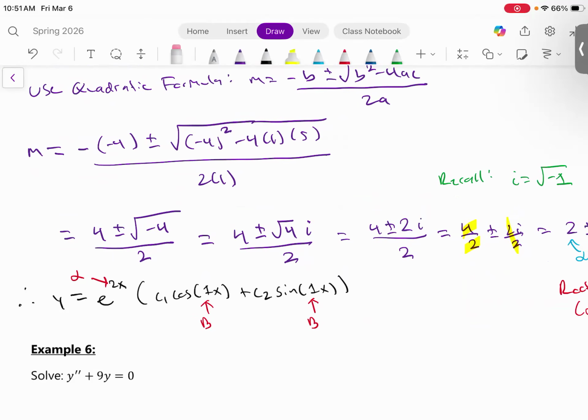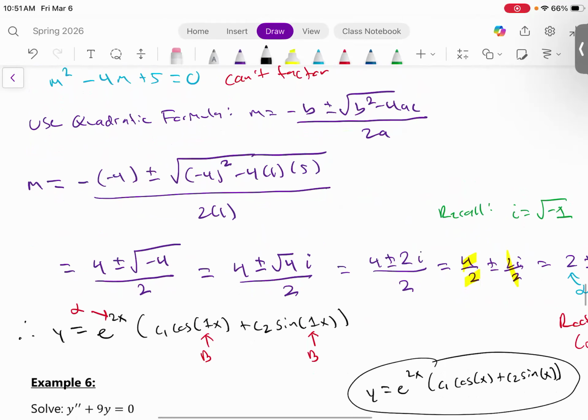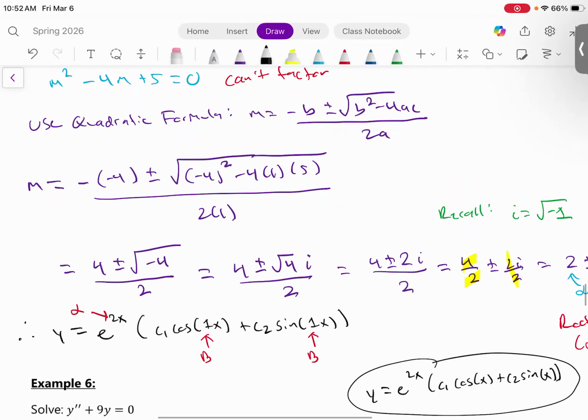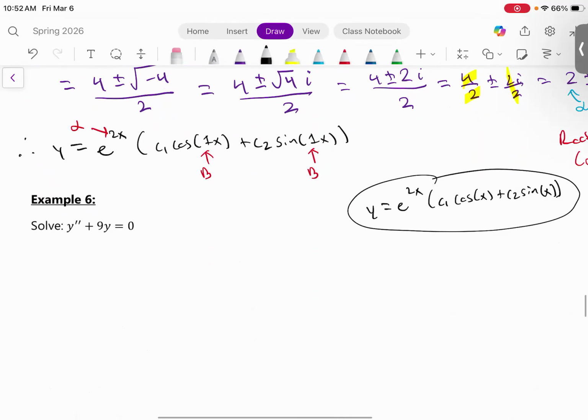So as we write it down here, y equals e to the 2x, c1 cosine of x plus c2 sine of x. I just prefer that. Okay, so that's example 5 for imaginary or complex roots. Why don't you go ahead and pause the video and try out example 6.